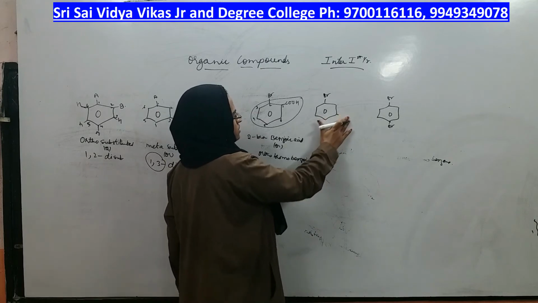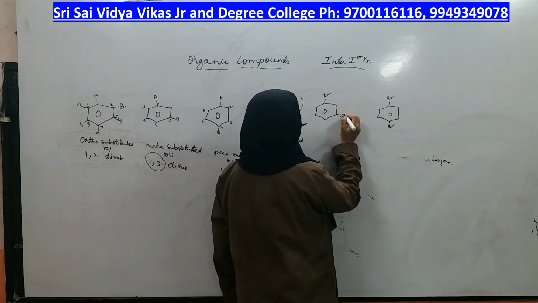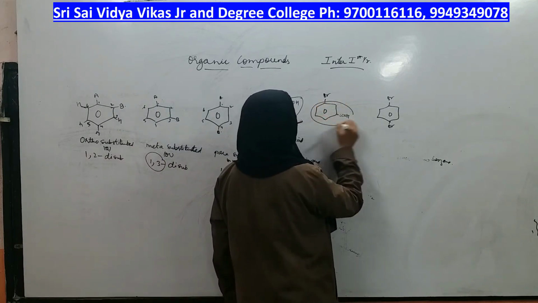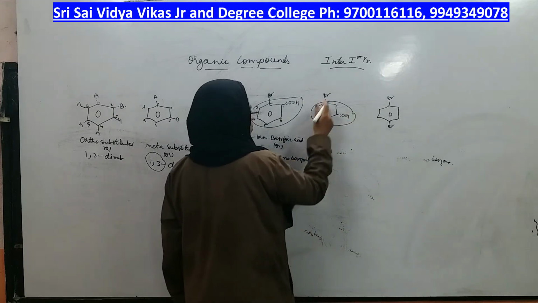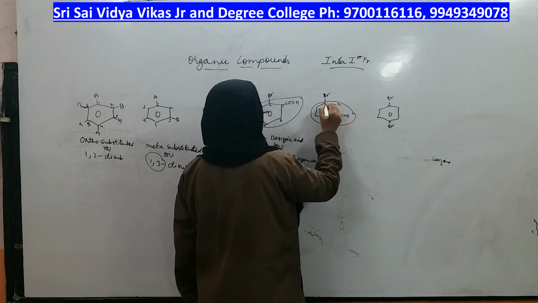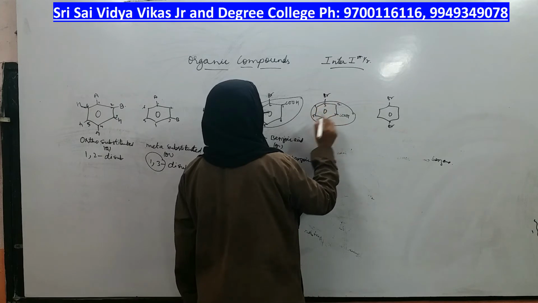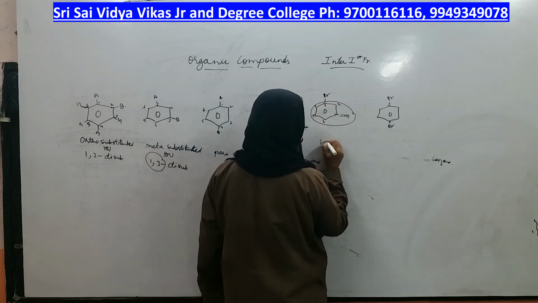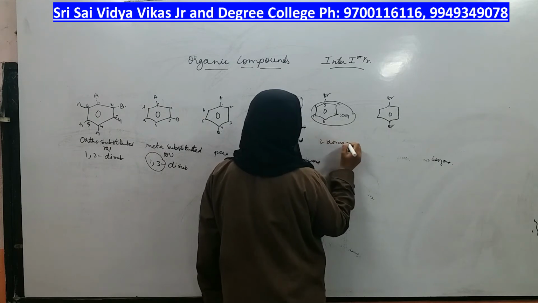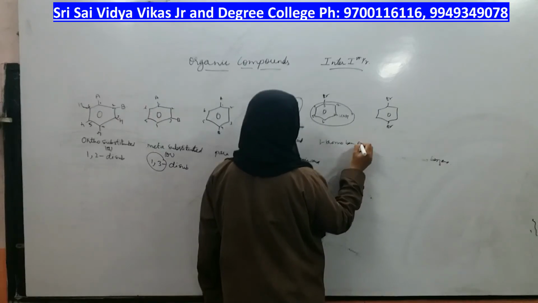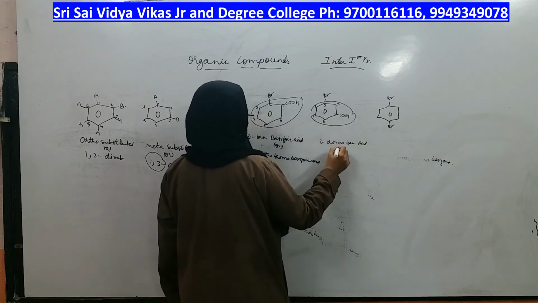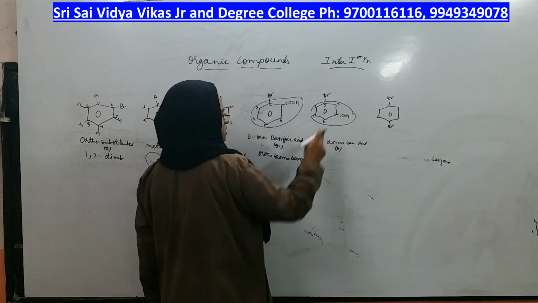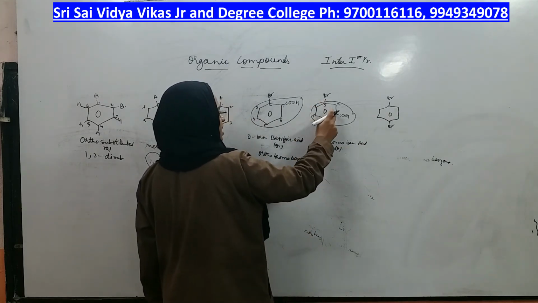Same way, what is the name of this compound? This is important for us. So, this becomes 1, 2, 3, 4, 5, 6. Right? Where is bromine present? At third position. So, what you should write? 3-bromobenzoic acid. Same way, its name commonly can be called as, where is bromine present? Meta to carboxylic acid.